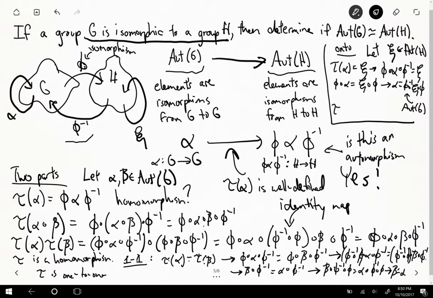Well, we notice that tau of this, phi inverse composed with tornado composed with phi, when we plug it in, you get phi composed with phi inverse, or I'm sorry, phi composed with phi inverse composed with tornado composed with phi, right? All that's in the middle, and then that's composed with our phi inverse.